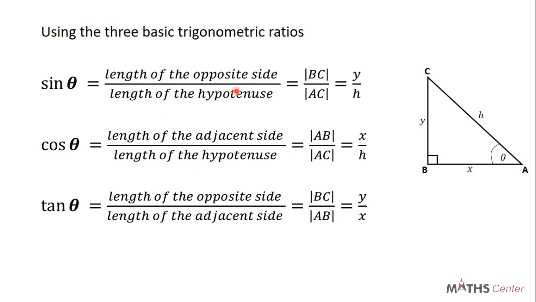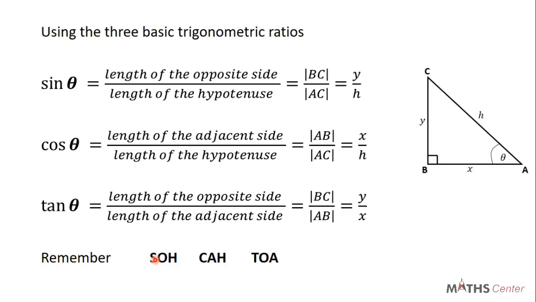To help us remember all these things, we use these mnemonics. So, SOH CAH TOA. I don't know if you've heard of this before, but this mnemonic is going to help you to remember these three ratios. SOH is for sine. It means that sine of an angle, or sine theta, is equal to opposite over hypotenuse.